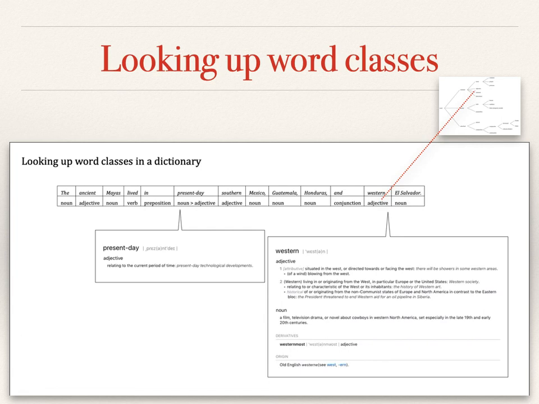So that's the way in which you can use the dictionary as a reference source when you check the classification of words. So you check them by looking up the entry, the sub-entries, and the sub-entries with the glosses relating to the different word classes that are listed for the words in the entries. In this case, adjective, you can match that to the classification that I showed you before.